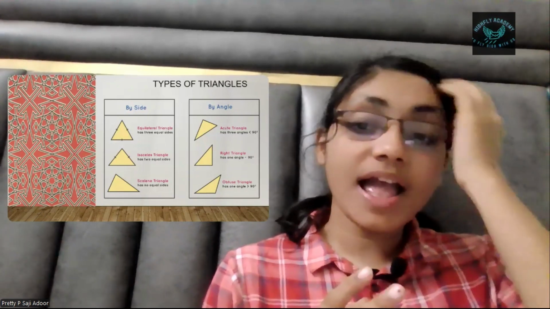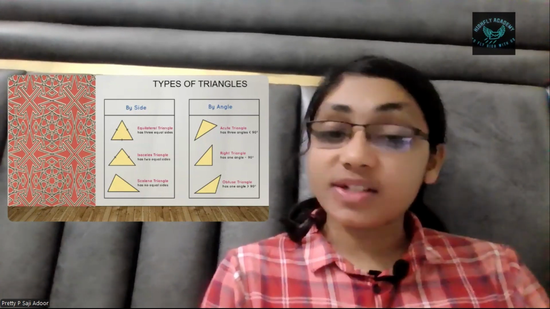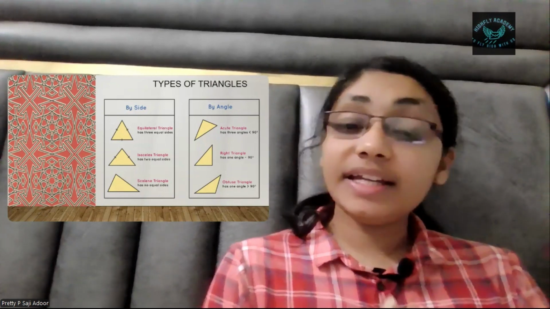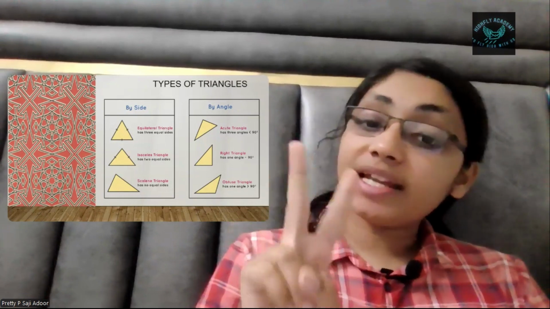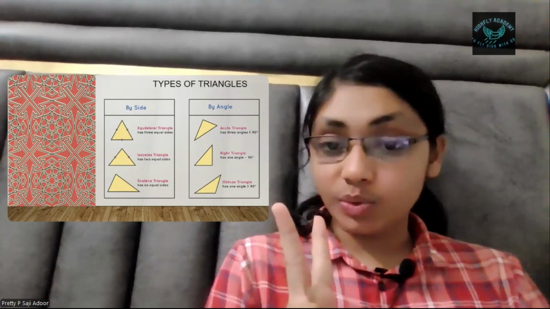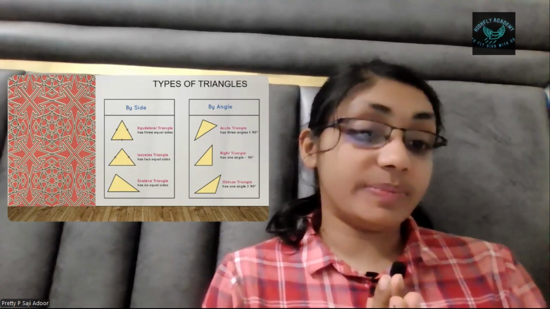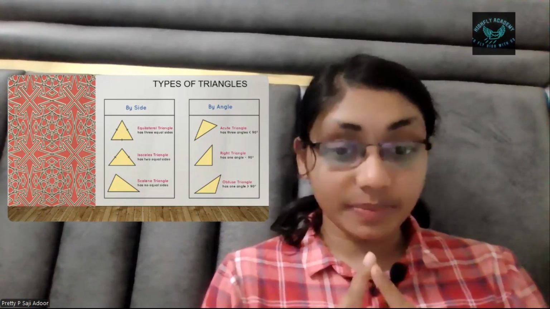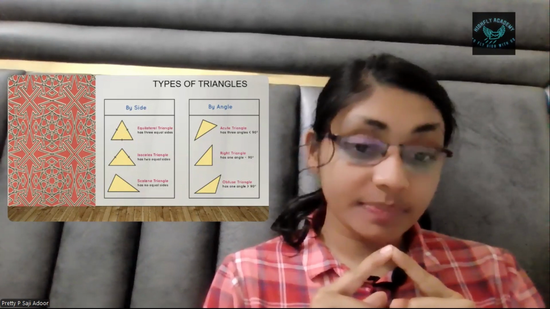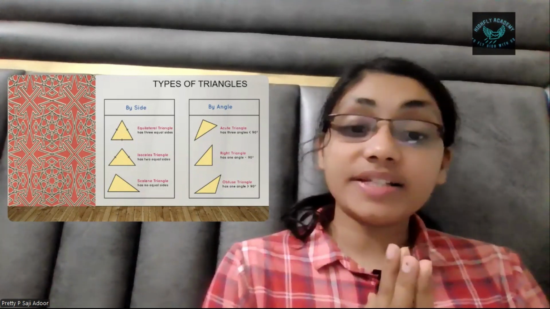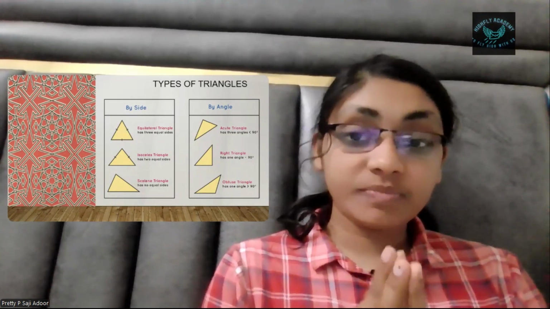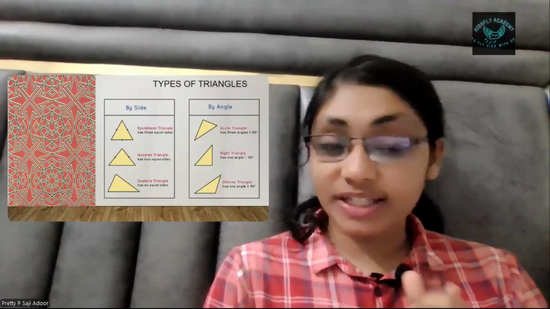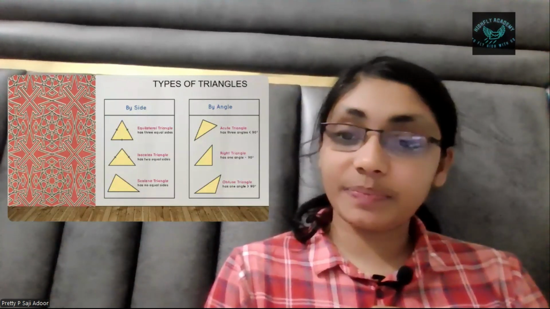Okay, and what is an isosceles triangle? In an isosceles triangle, any two sides will be equal, and two angles will also be equal, except the common angle between the equal sides. So two angles and two sides are equal, then it is called an isosceles triangle.